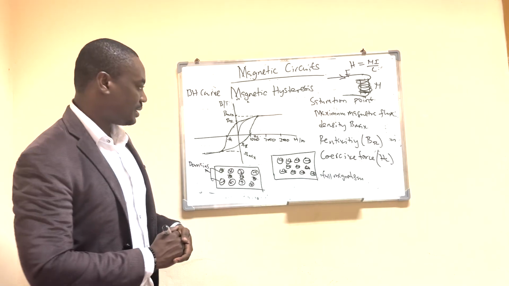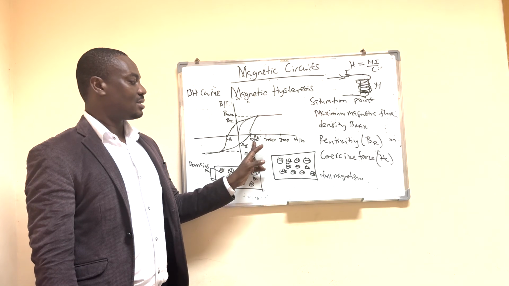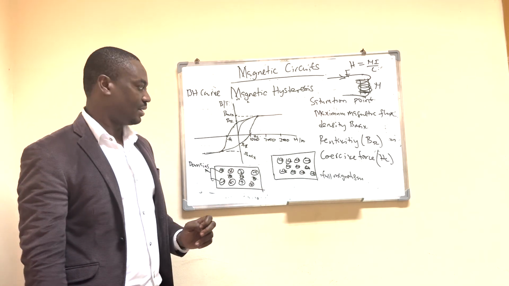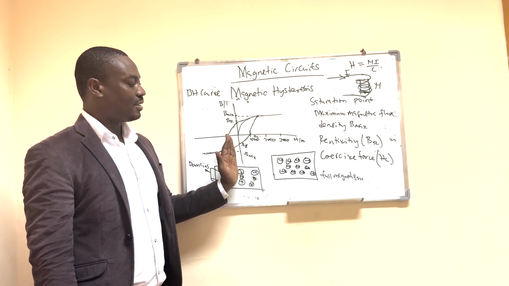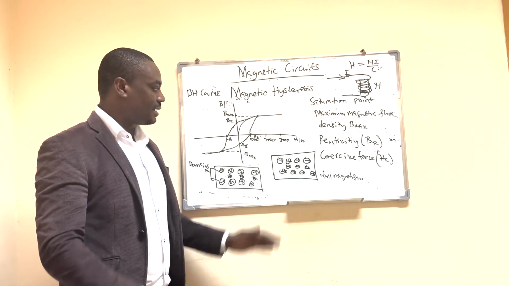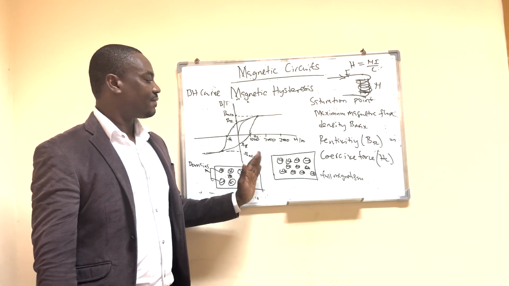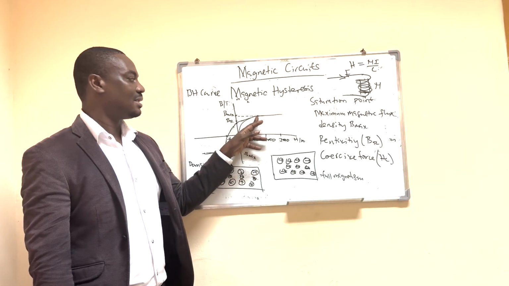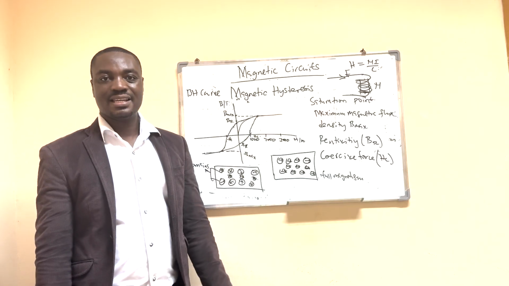Now, what tends to happen is that when you increase the magnetic field strength, you vary the magnetic flux density. You reach a point where, upon further increment in the magnetic field strength, there's no corresponding increment in the magnetic flux density.